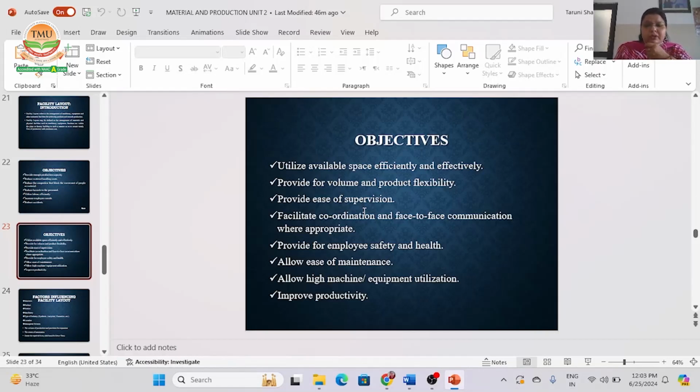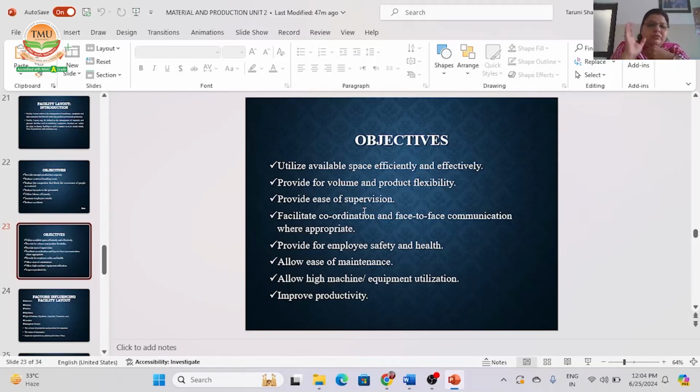Or if a person is on leave, he will arrange another person on that particular unit. So it is very easy for supervisors also. Next thing is facilitate coordination and face to face communication where appropriate. Obviously if the things are totally arranged, you know where there is a lack of communication, and where we need communication.